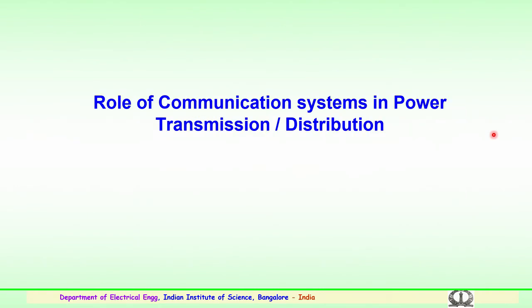So, that was about the importance of going in for optical ground wire and the advantages of that. Now we see the role of communication systems, particularly in power transmission or distribution substations and networks. These communication systems play a very important role in the transmission and distribution networks.